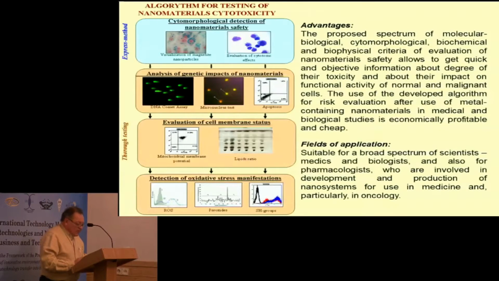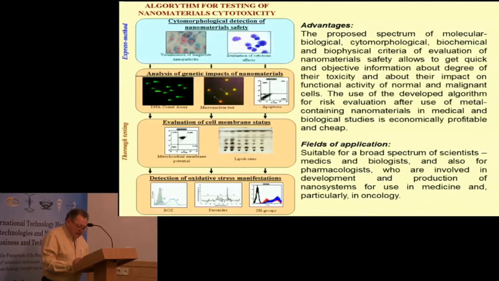With this algorithm, using the toxicity estimation method as a spectrum of biological, biochemical, and biophysical criteria of evaluation of nanomaterial safety, it allows getting up-to-date information about the toxicity and the impact on the functional activity of both normal and tumor cells.